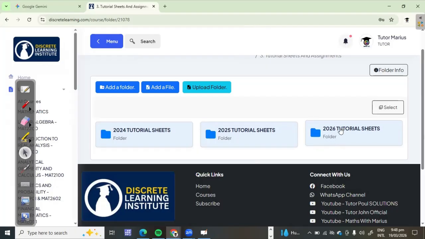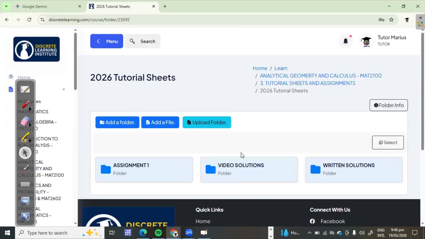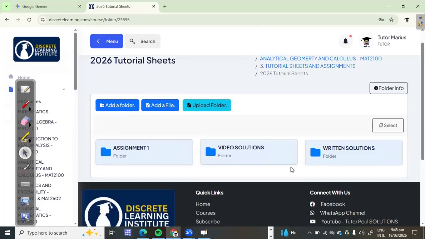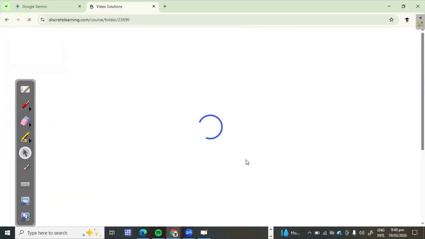But now, focus, you go here, 2026. Of course, I'm telling you that the tutorial sheets did not change. So here, then video solutions, when you go into here, okay, let's just wait for it to load. I want to show you how to access the part of the video that we are not going to look at in this class.